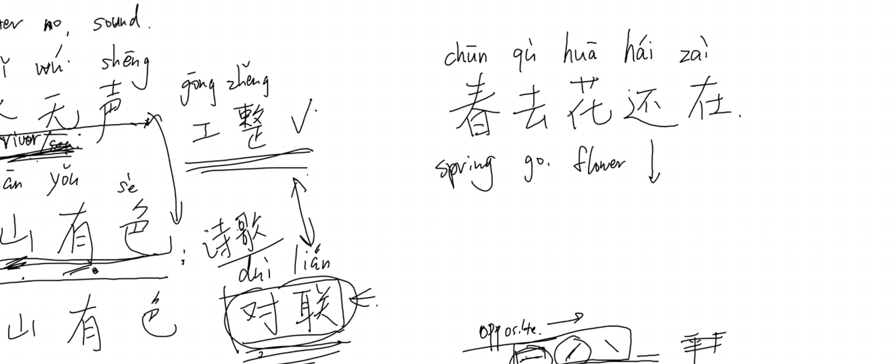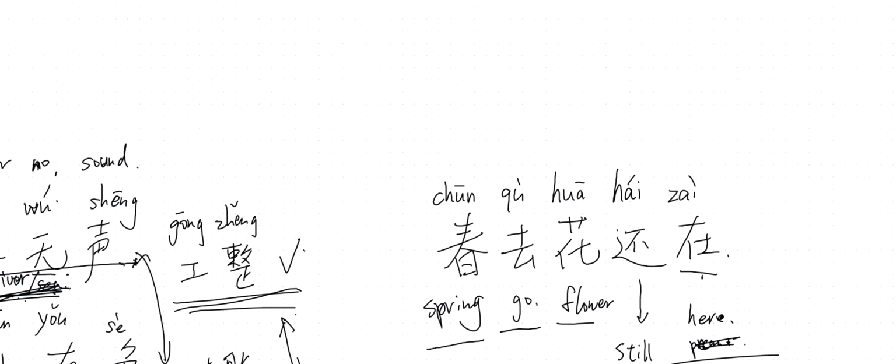Still, even though. 在 means here, present. Okay, so springtime is gone. The flower is still here. 春去花还在.